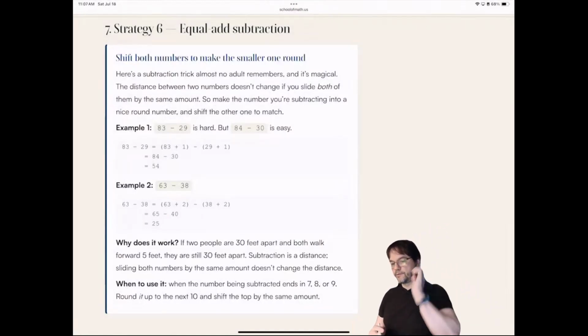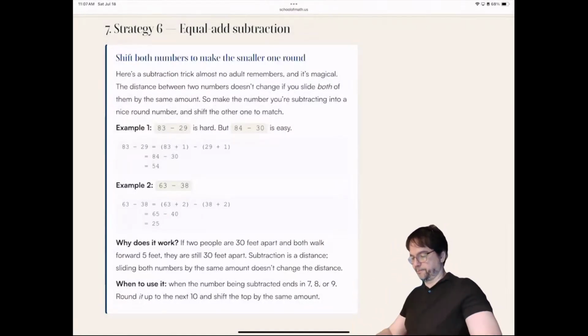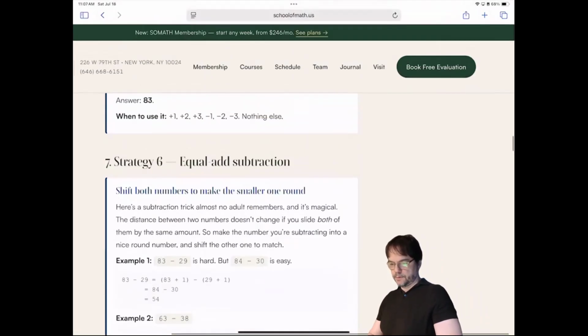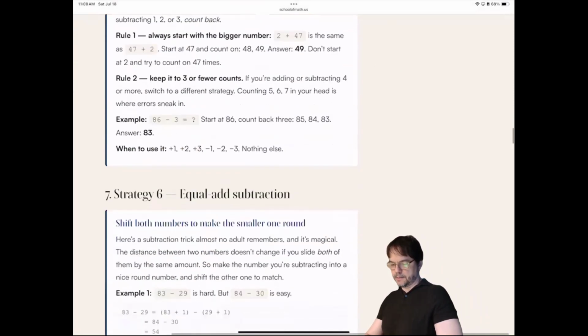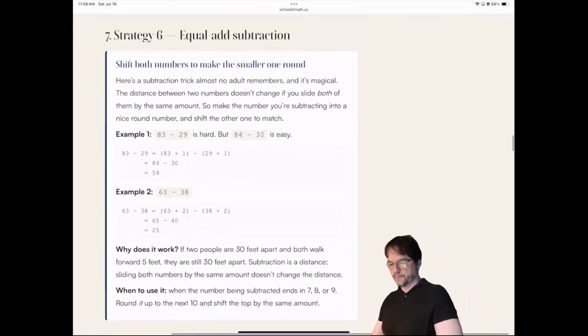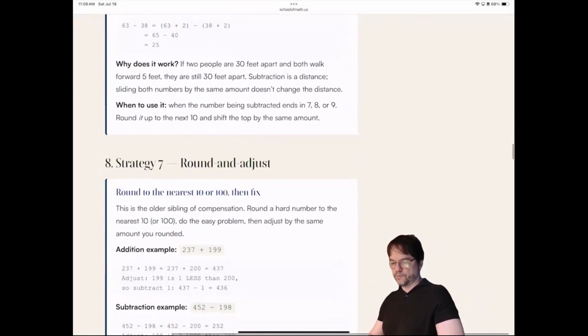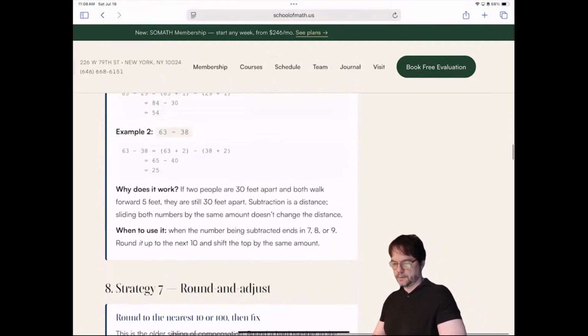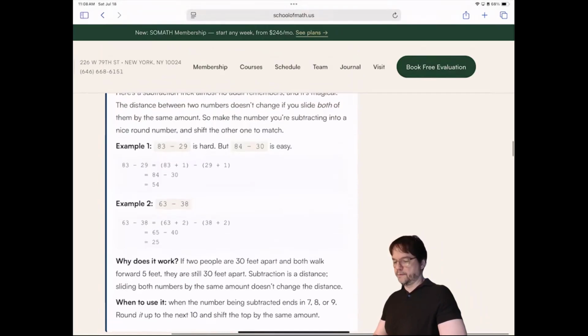Okay. So strategy 6. This we saw, the 6th one. You remember 83 minus 29.